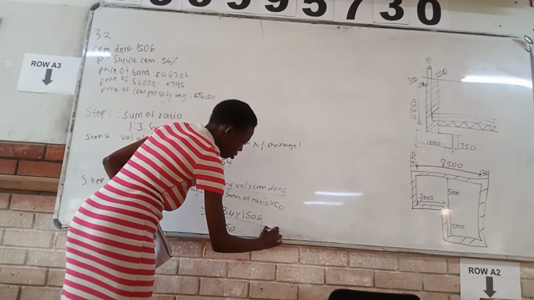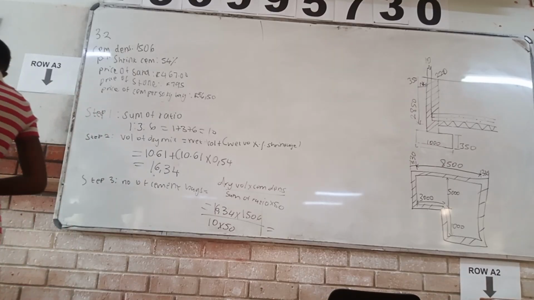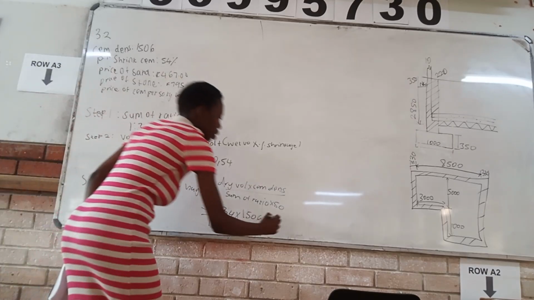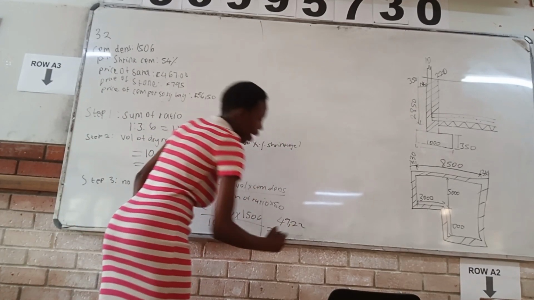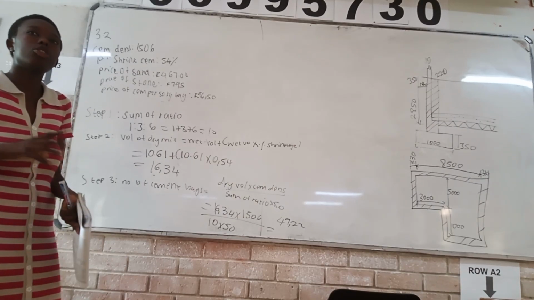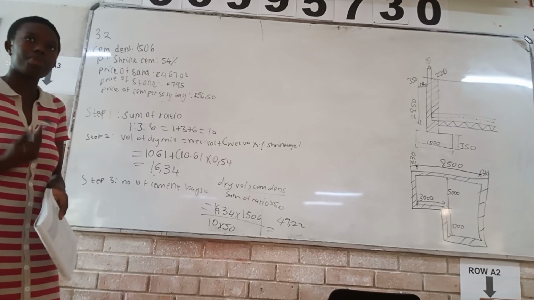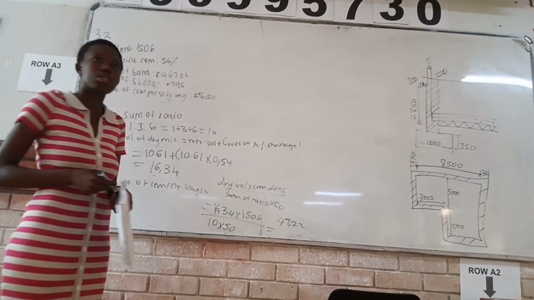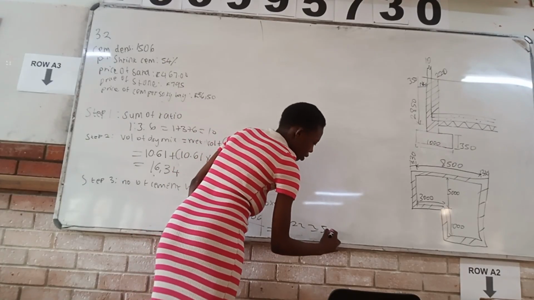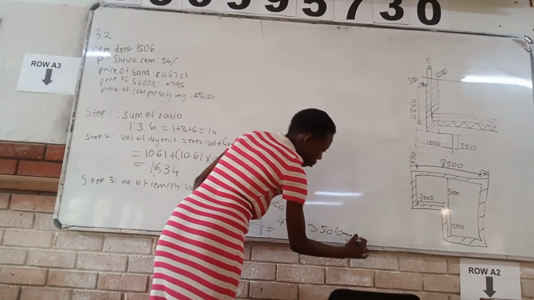So what is the answer? 49,22. There are no 49,22 cement bags, so round it up to 50 bags and write down 50 bags.